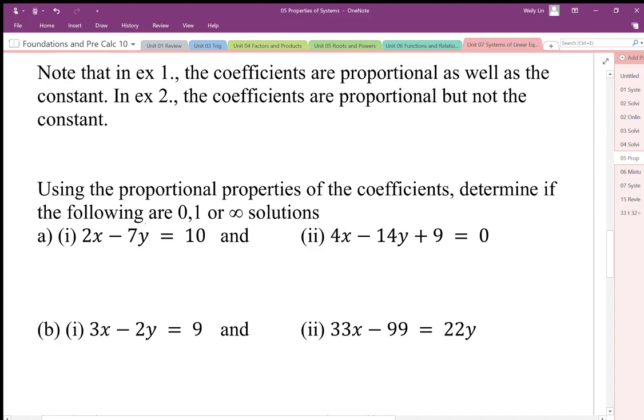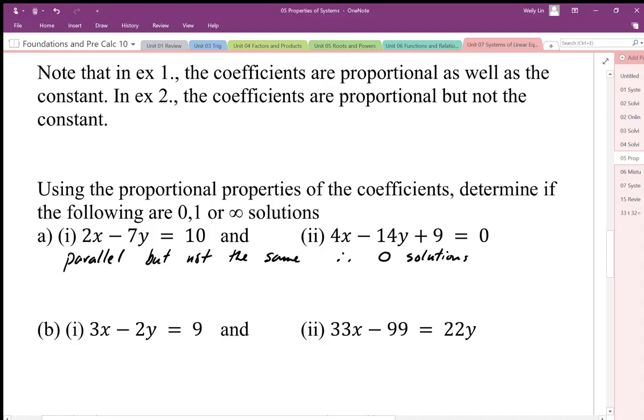This is not a times 2 from here to here, so we know that this is parallel, but not the same. Therefore, 0 solutions. Okay, so they're parallel lines that don't touch.